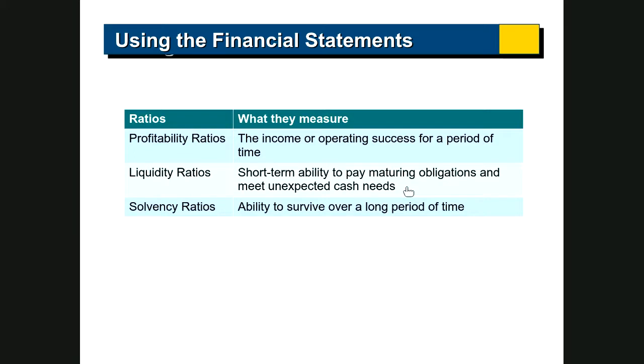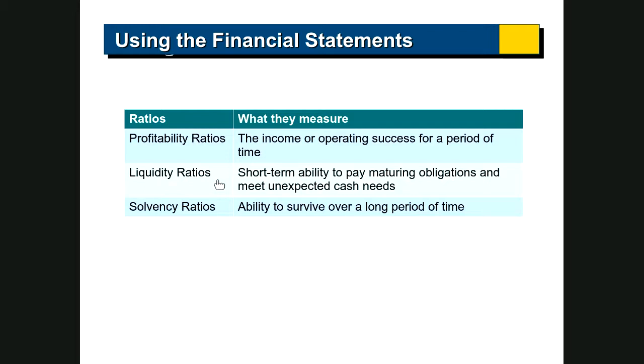So liquidity means, you have heard this term probably before, the most liquid asset is cash. You can pay for anything with cash. Anybody would accept cash. The more cash you have, the more liquid your company is, the easier you can pay your obligations when they come due, right?